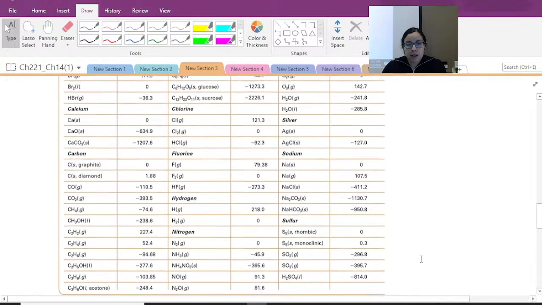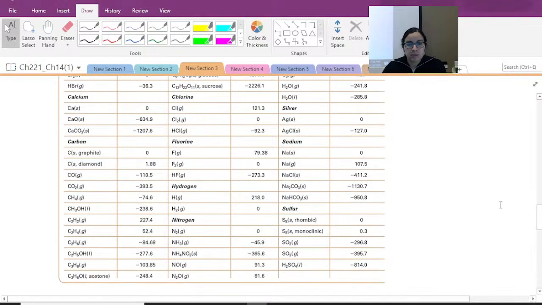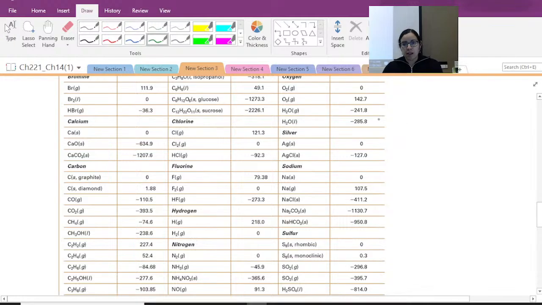And water, gas state, so again, pay attention to the states. So your gas state is negative 241.8. And this came up in your lab, remember? Where it mentioned this difference in energy of the liquid to the gas state.